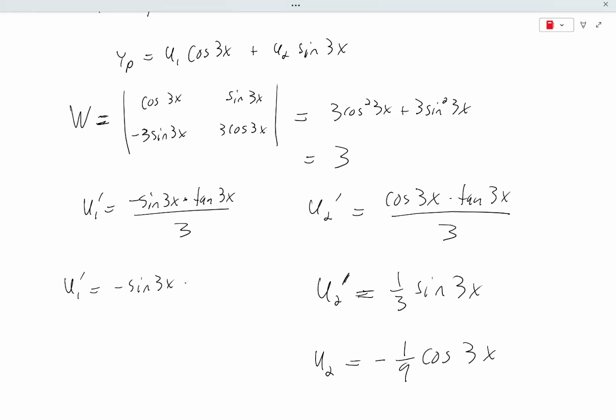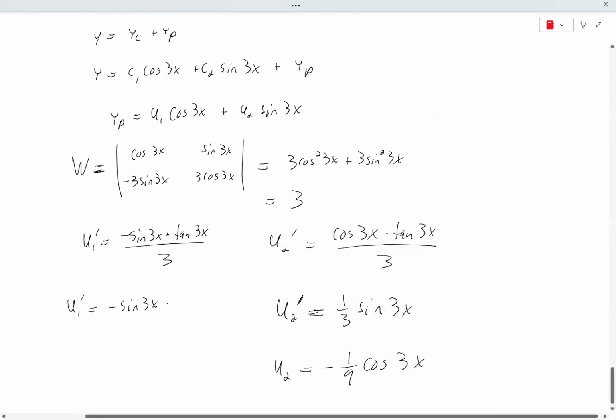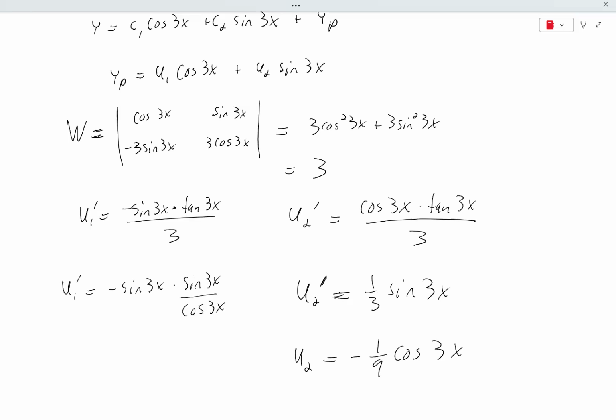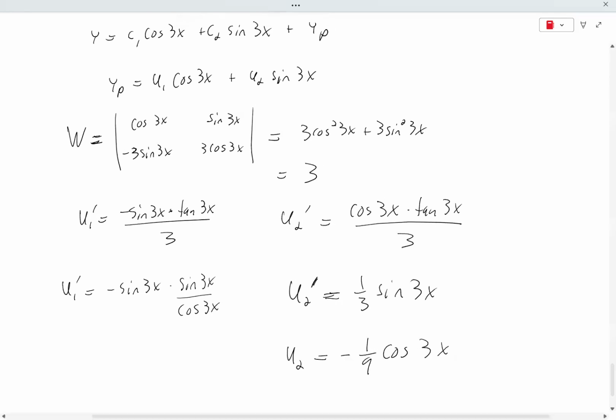Oh, well, wait a minute. I had some special ones on the sheet. I'm trying to think if that would work with any of them. So sine 3x, that's messier than I thought.